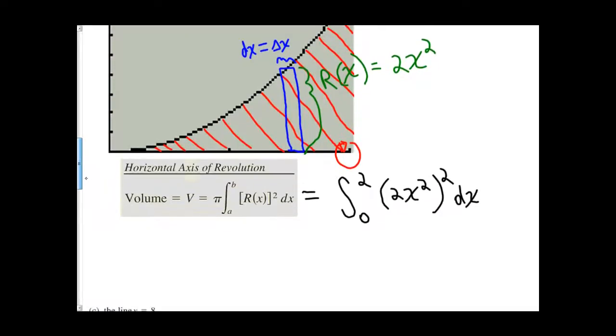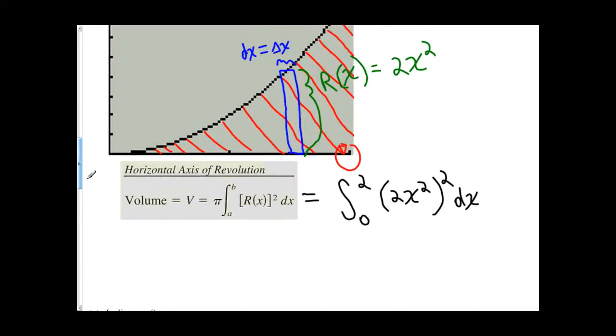So let's go ahead and do that integral. This is the integral from 0 to 2 of 4x to the fourth power, it would seem. 4x to the fourth power dx.